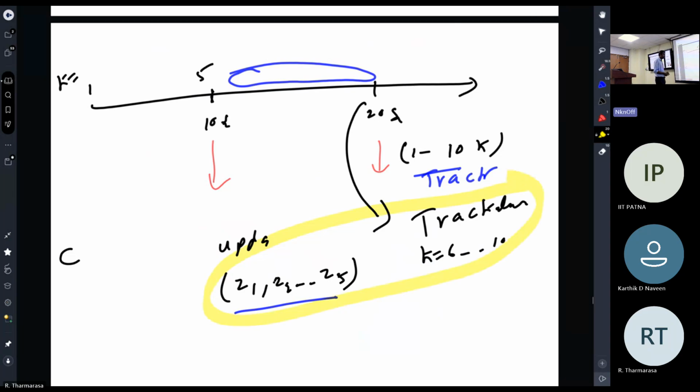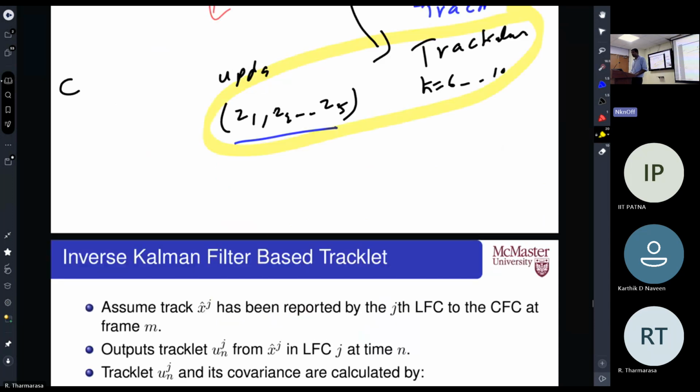You send the new information that we get after the last communication, such that the new information is uncorrelated with this, so you can update easily. That's the idea.